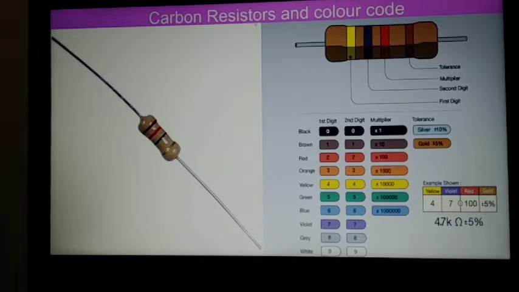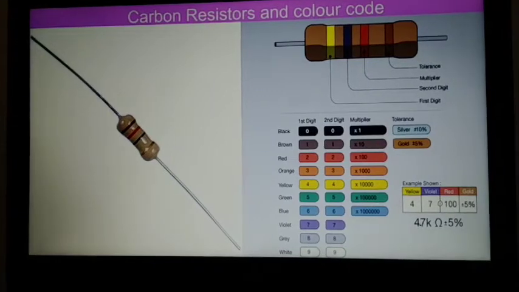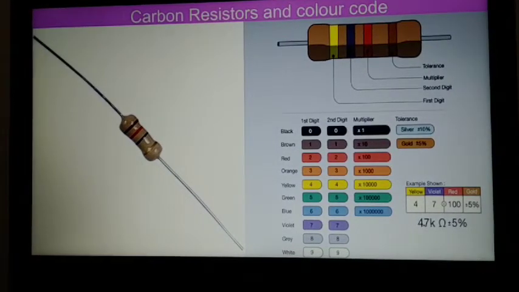The values of carbon resistors are given by a color code. So what do we mean by the color code of a carbon resistor? On this carbon resistor, you can see 1, 2, 3, 4 colored rings.